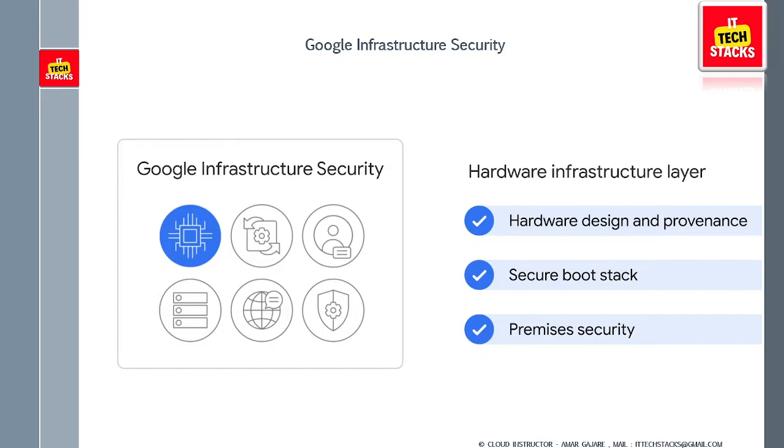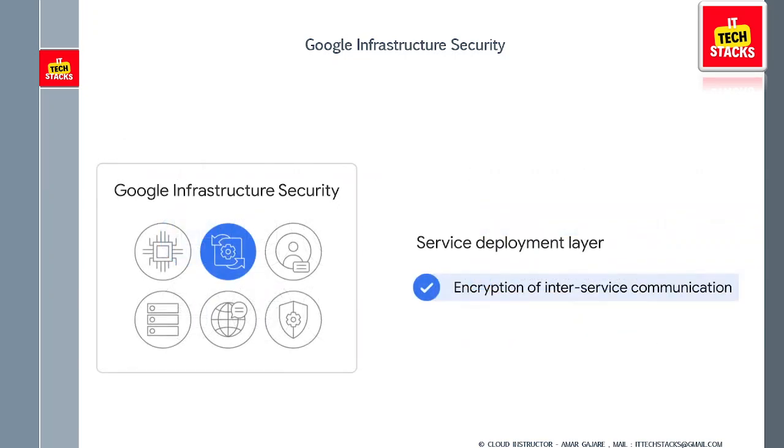Okay, let's continue with the next layer, the service deployment layer. What do you mean by service deployment layer? What is it? Anyone? Thanks for the comments. Google infrastructure provides privacy, integrity, and remote processing.